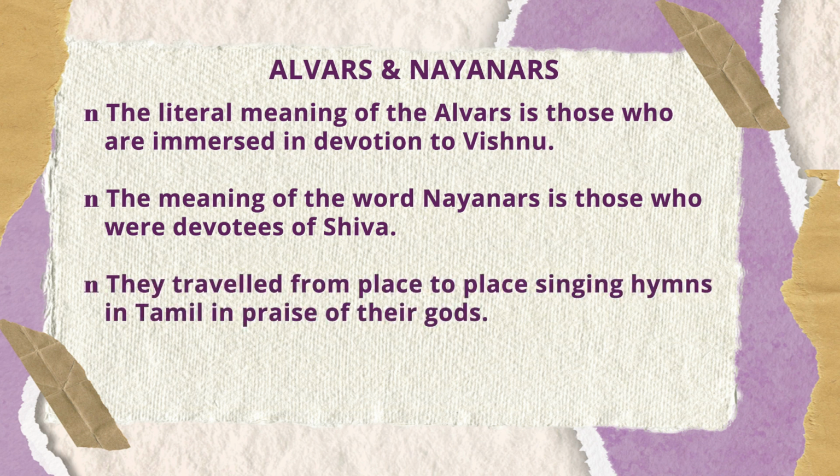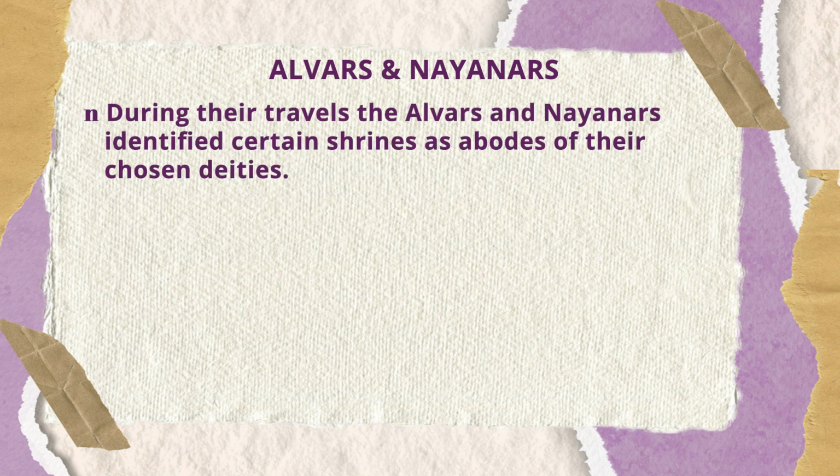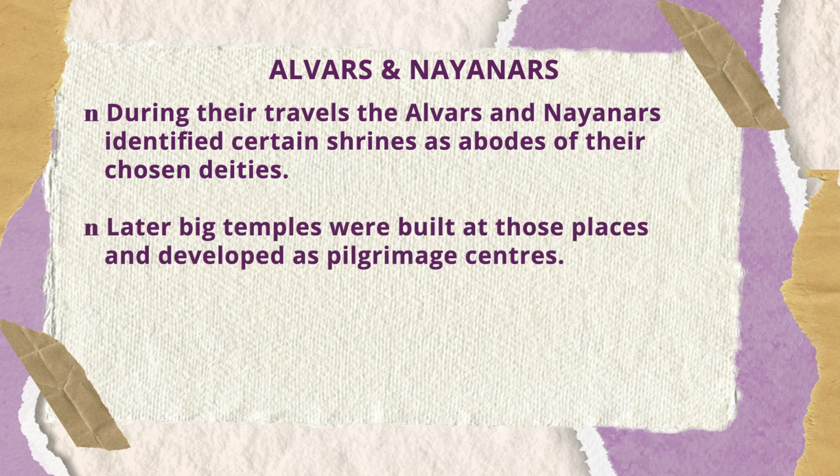They travelled from place to place singing hymns in Tamil in praise of their gods. During their travels, the Alvars and Nayanars identified certain shrines as abodes of their chosen deities. Later, big temples were built at those places and developed as pilgrimage centers.